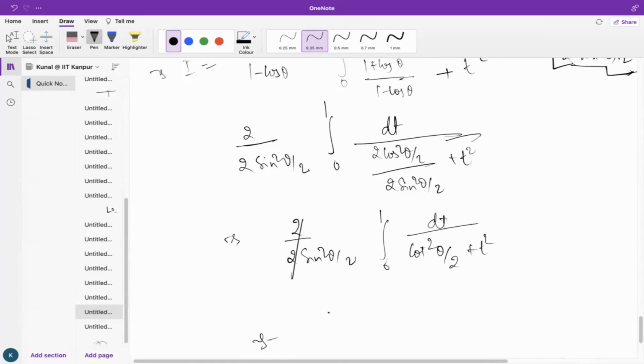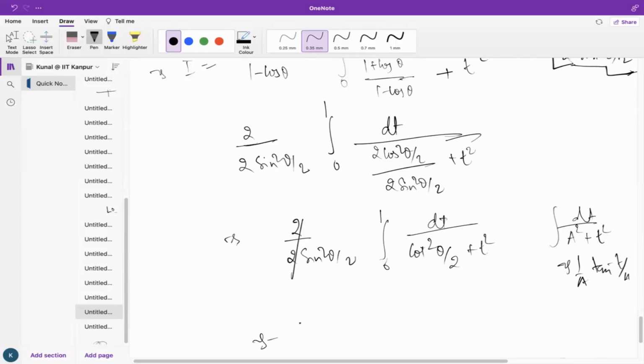Now this form is a square plus t square, so the integration of this is 1 by a tan inverse of t by a. I hope you all understand what I'm trying to say.